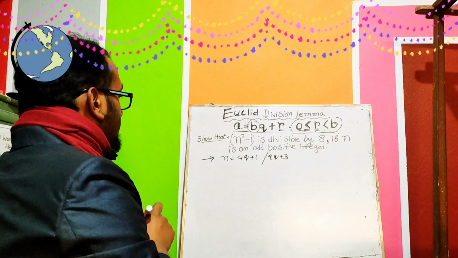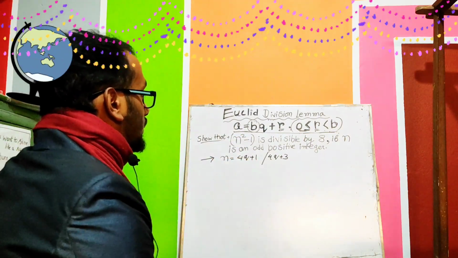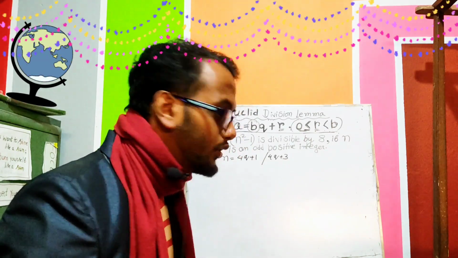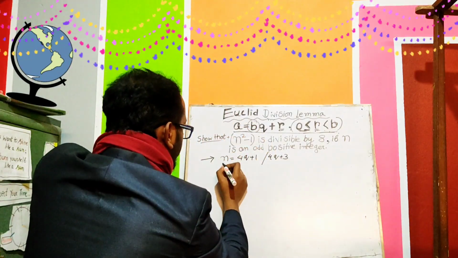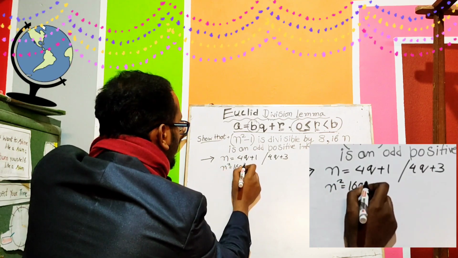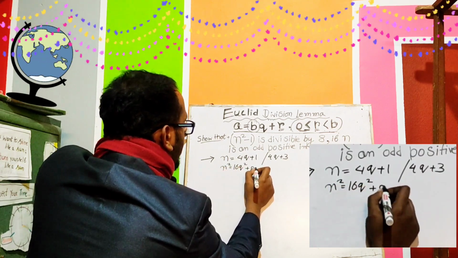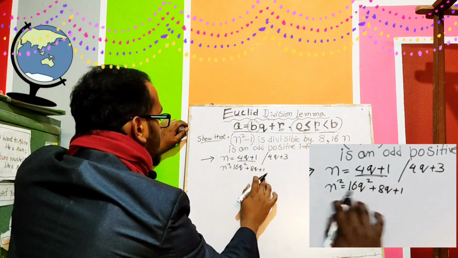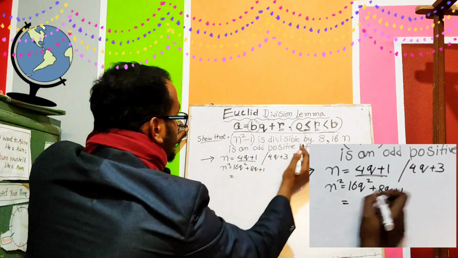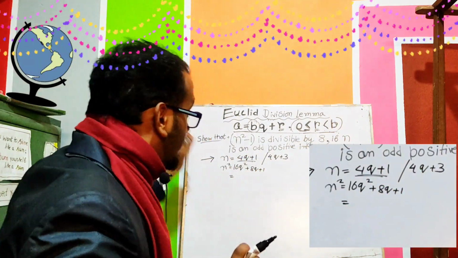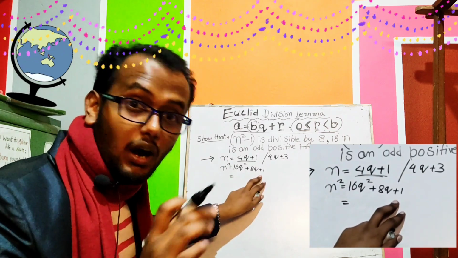Now in the question they have said n square minus 1, so let's design this in the n square minus 1 format. Let's do the square first. If we do n square, then 16q square plus 8q plus 1. Since they have said divisible by 8, let's take 8 common and keep 1 outside the bracket.